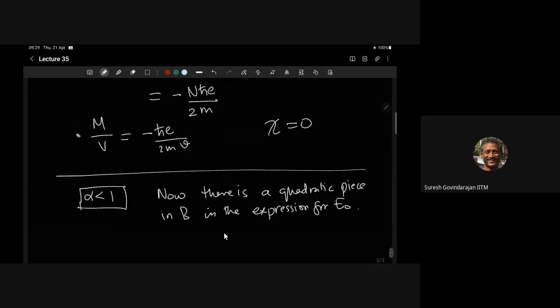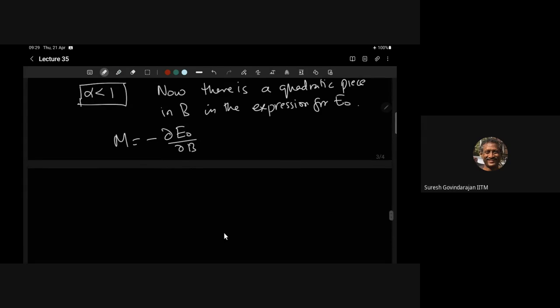So magnetization M, which is minus dE naught by dB, will be a formula which is slightly messy but not terrible.